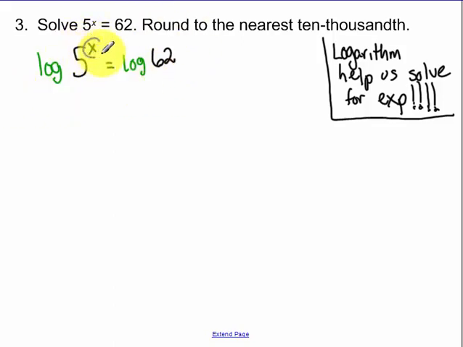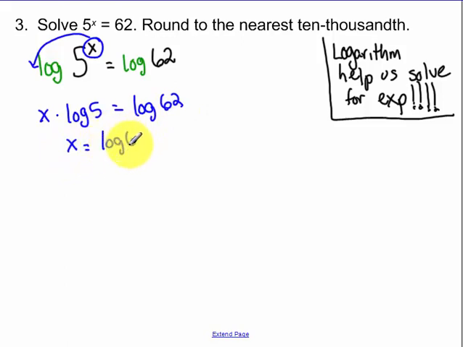Remember, you can bring down the x, your properties of exponents. So I can bring down my x, and I have x times log base 10 of 5 equals log base 10 of 62. We then divide, and type this in our calculator, and for x I get 1.2528. 10,000th is 4 decimal places.